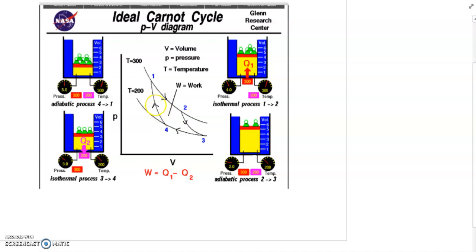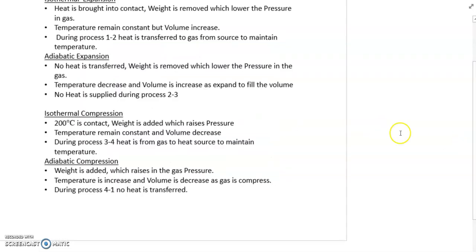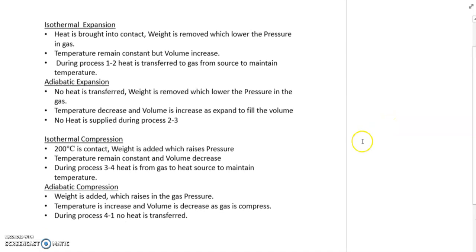And here is the last one, reversible adiabatic compression. You will have QH here and QL here. So this is just the explanation for the previous slide.